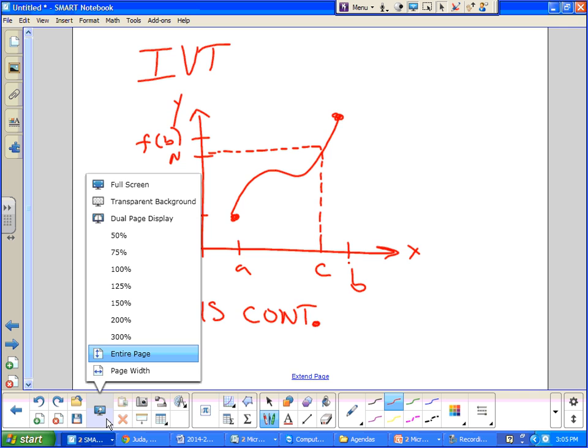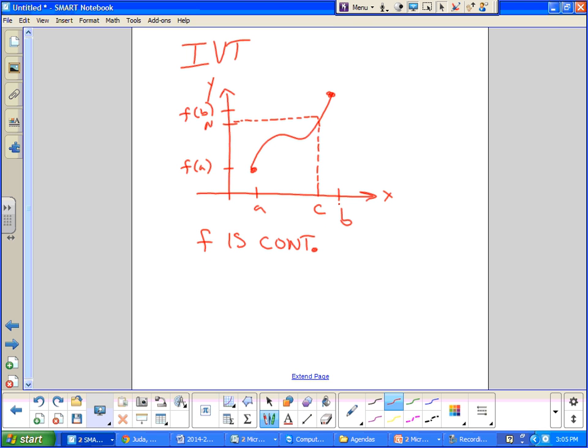Now, suppose f is continuous on the interval A to B. I don't know what it's doing outside there, don't care, but in this interval, it's continuous. And we're going to let n be a number between f of A and f of B. On the graph, you can see this.